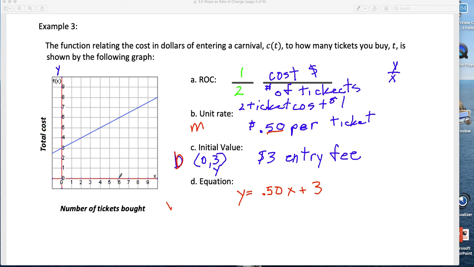Want to try that out? Let's go ahead and say that I bought 6 tickets. So 6 tickets, those are X's. Right there, it says that this is X. Those are tickets. So I substitute 6 tickets in, and that's going to tell me my total cost.